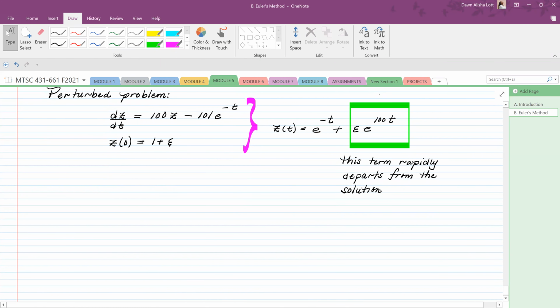And if we look, the partial of f with respect to y is equal to 100, not well conditioned.